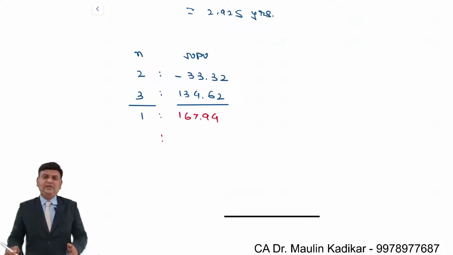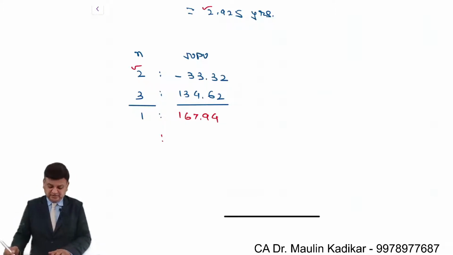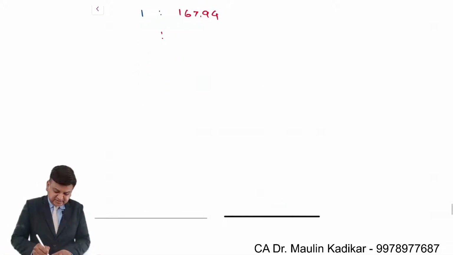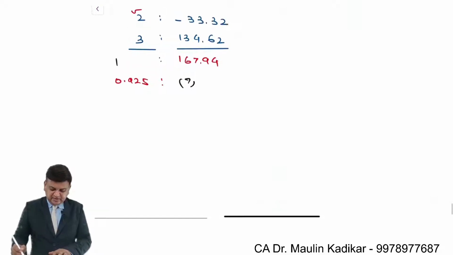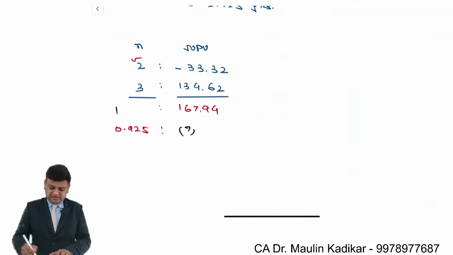What we can do, friends, we can do a kind of interpolation. So if at all the life of the project increases from 2 years to 2.925 years, what is the increase? 0.925 years. So this much increase in the life of the project will have this impact on the NPV.